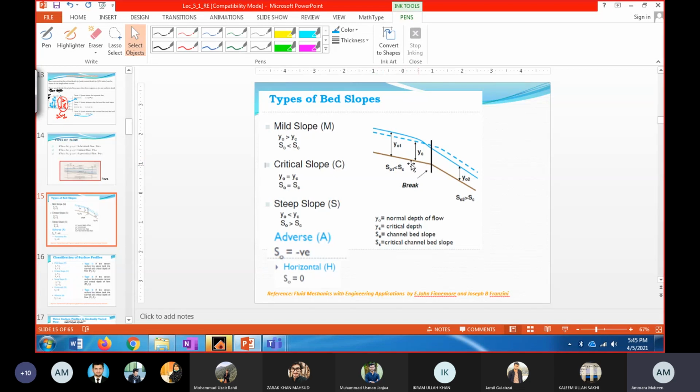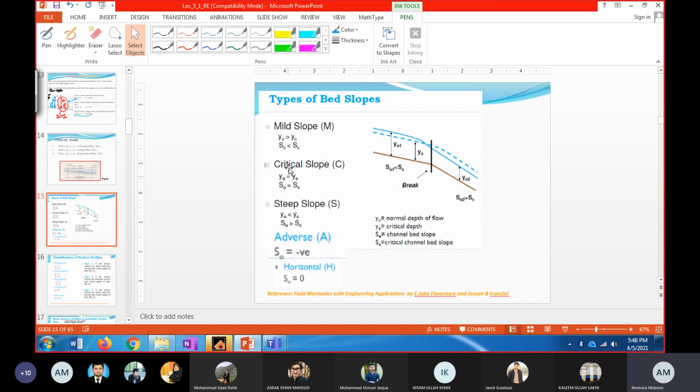Like in this case, here S naught is less than the critical value of slope, and also y naught is greater than the critical depth. Uniform flow depth is greater than critical depth. Then in that case the bed slope can be classified as mild slope.